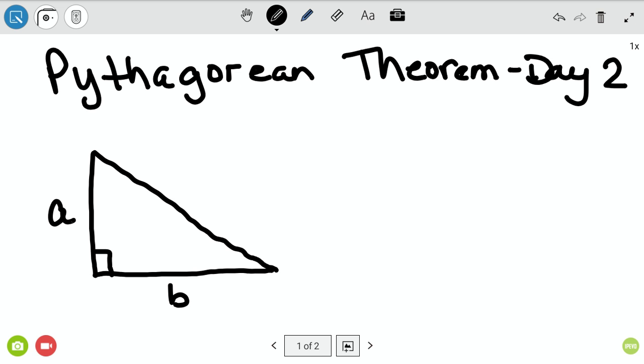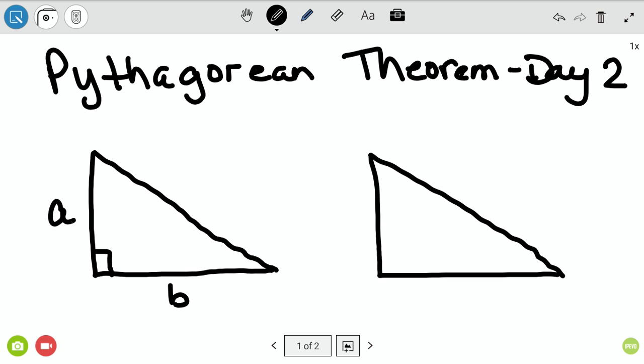Now, A and B are interchangeable. I'll try to draw this exact triangle again here. You can call this one B and this one A. The legs don't matter, which one's A and which one's B. What is very, very important is which one you call C, because C is always the longest side, also known as the hypotenuse.